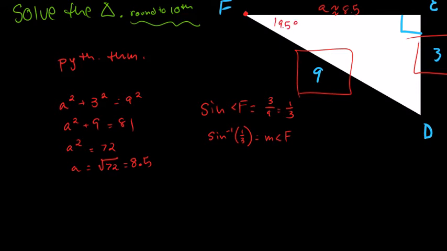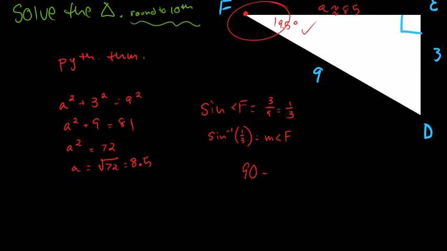Well, if I have this angle, I can take that away from 90 because angle F and angle D should add up to 90 degrees. So 90 minus 19.5, you will result in 70.5 degrees. So I have 3 angles, 19.5, 90, 70.5, and 3 sides as well. So I solved my triangle.